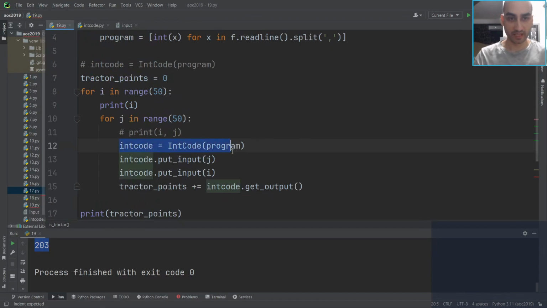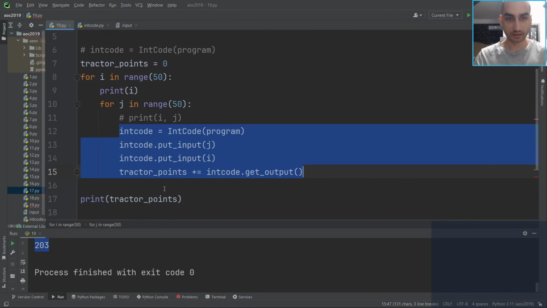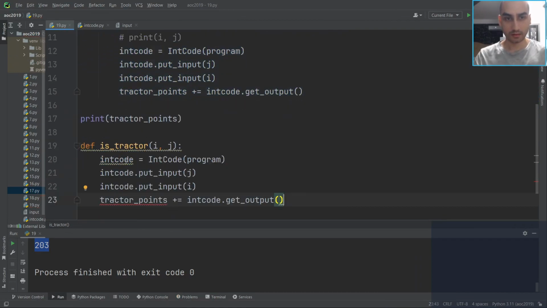On the fly, we make a fresh int code. We do this basically: int code, put j, put i, return bool of that, basically.